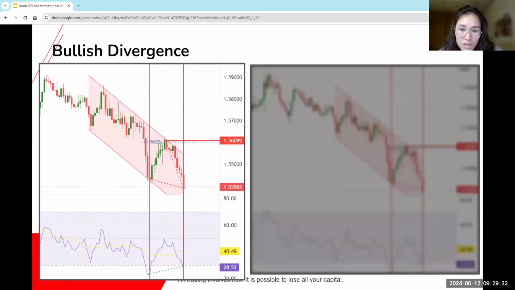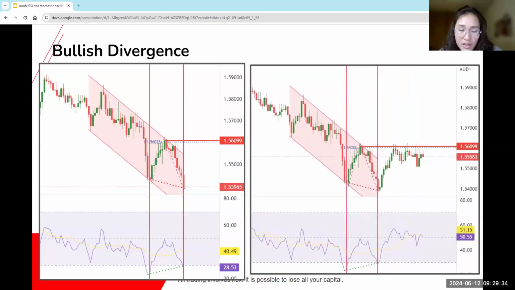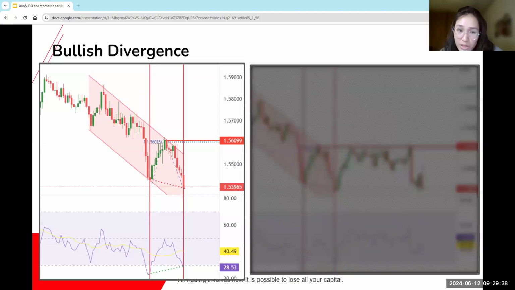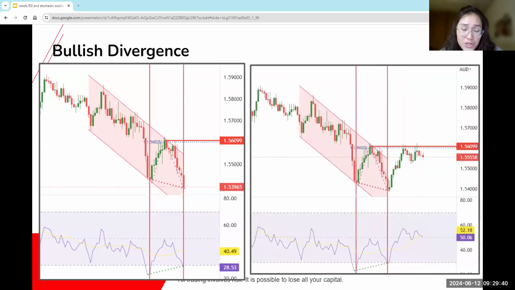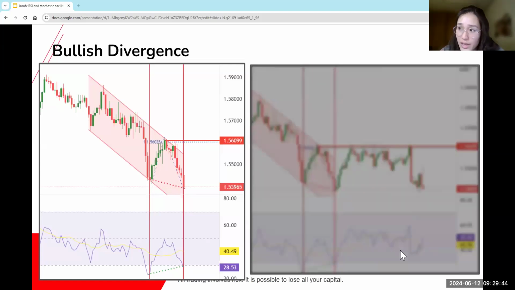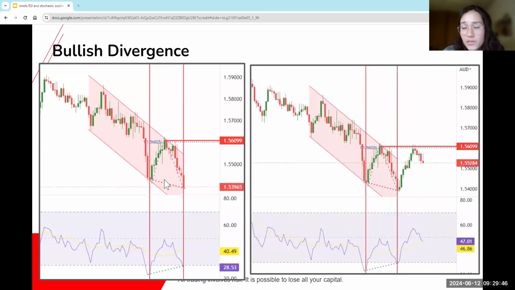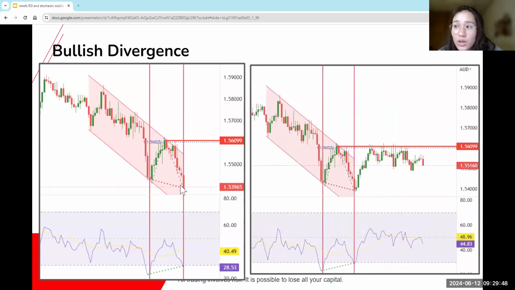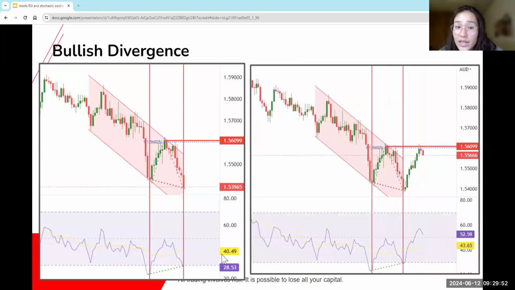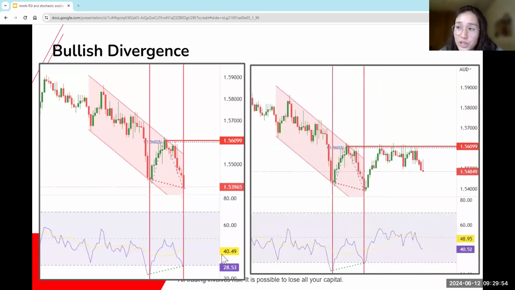Okay, here is kind of a GIF for you to visualize what we are talking about by bullish divergence. So in this bullish divergence, we are using RSI as our indicator. You can see price making a lower low, and our RSI making a higher low, which is a bullish divergence.